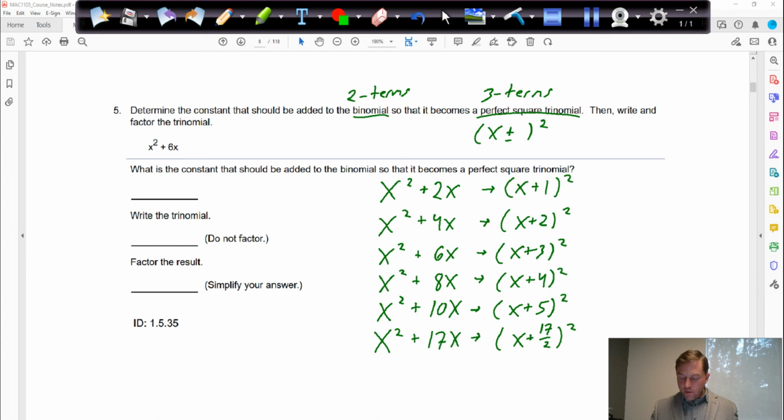This is pretty good, but there's a problem that occurs, and that is if I were to FOIL this out, in fact, let's look at the problem that we're working on. If we were to FOIL out x plus 3 squared, it's really the same as x plus 3 times x plus 3. Now let's look at FOIL.